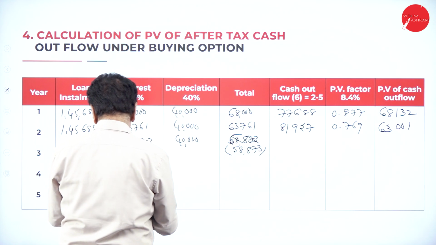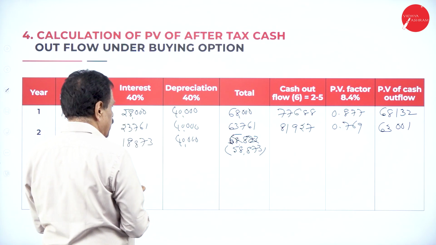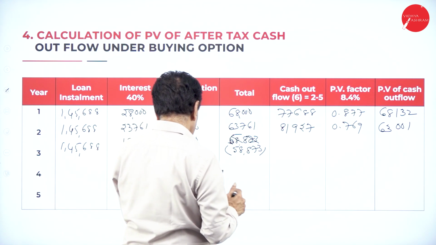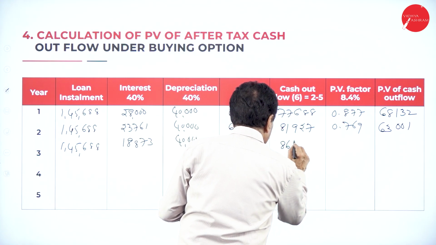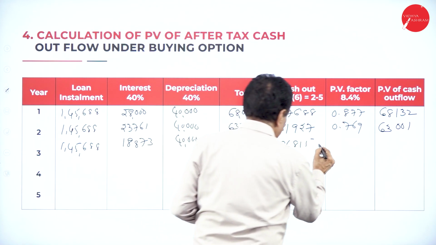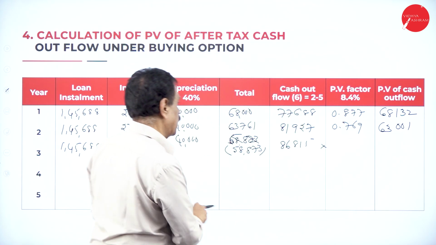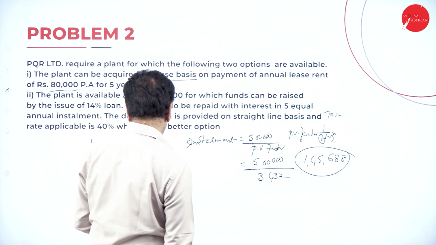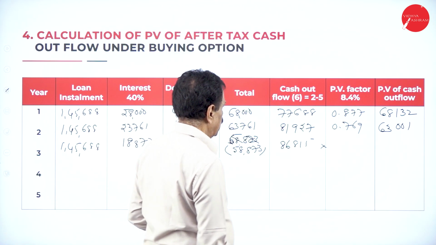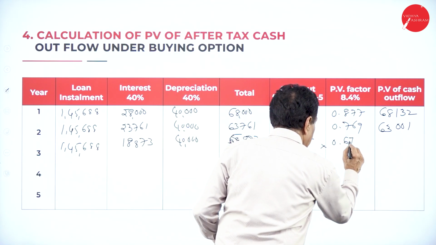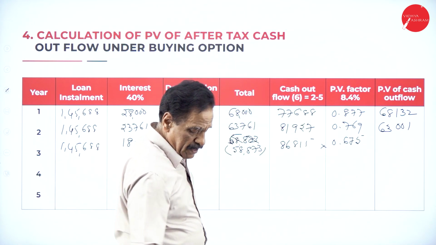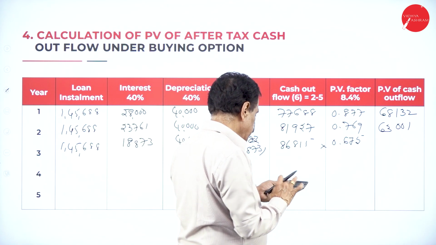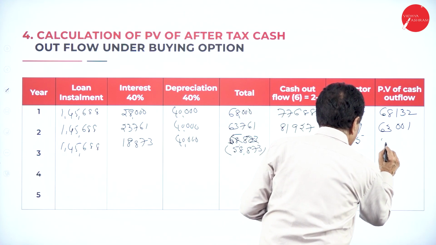How much does he have to pay? 1,45,688 minus 58,873 is 86,815. Into the discount factor of the third year, 0.675: 86,815 into 0.675 is 58,600.